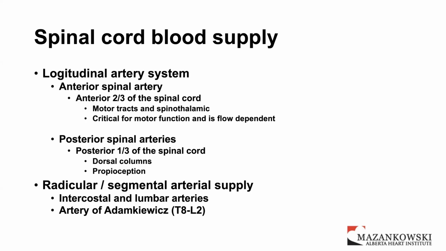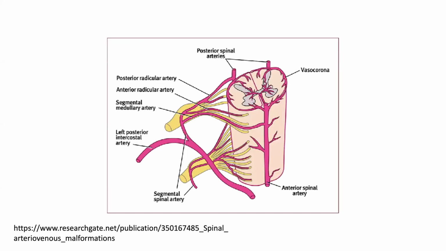There is the artery of Adamkiewicz. Every now and then you can get the impression that you've identified it either intraoperatively or on CT imaging, typically located between T8 and L2. So this is a diagram off the internet. This is something that you should be familiar with, and you should be able to draw if someone were ever to ask you in the OR.